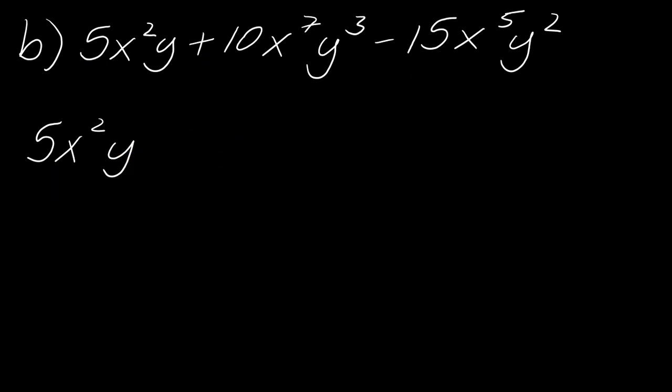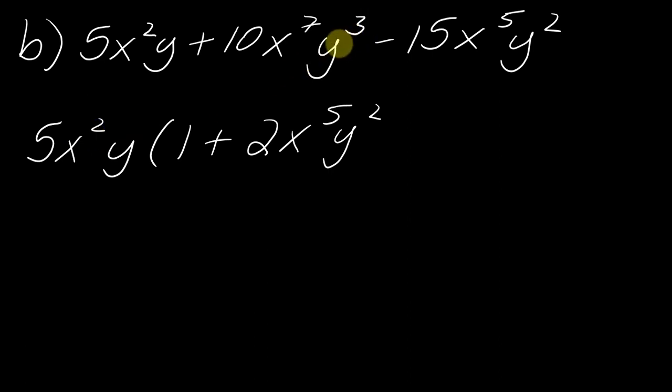Okay, so let's go through how we actually factor this out. Well, this divided by itself is just 1. For the next one, this will be 2x to the 5th y squared. I want you to notice what I really did with the exponents. When I divided this term by 5x squared y, I reduced this exponent by 2, so I really just took 7 minus 2.